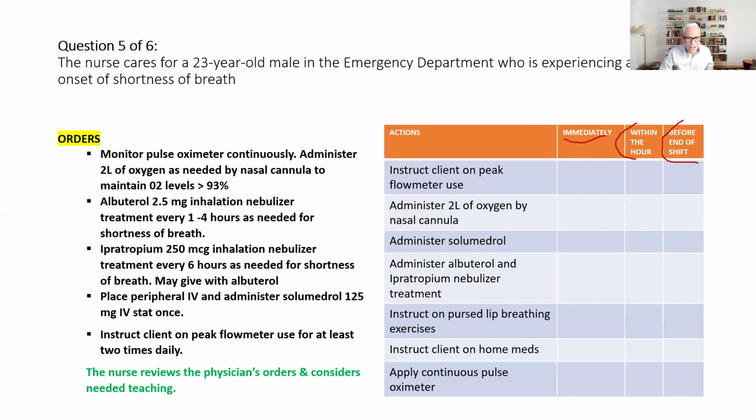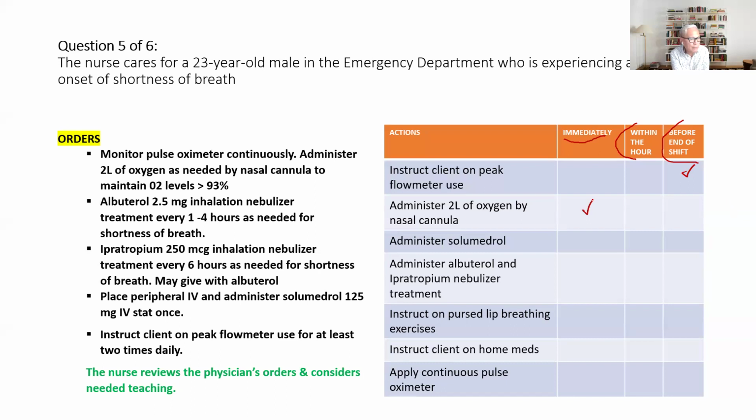Okay, so let's see how you answered. Now, instructing the client on peak flow meter use could actually wait till the end of the shift. It's not something that you would have to do right away. So the proposed answer to this one is at the end of the shift. Now, administer 2 liters of oxygen.